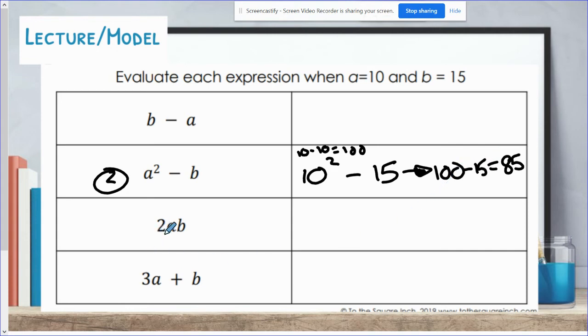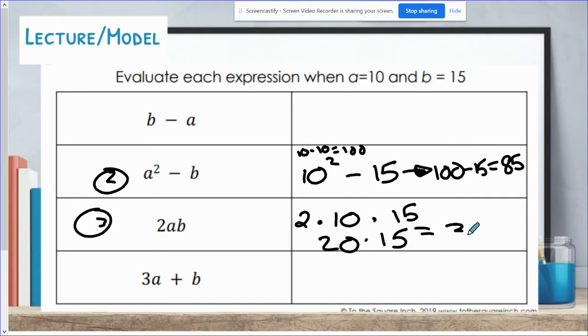All right, now let's skip down to the third one, 2ab. So this is really 2 times a, which is 10, times b, which is 15, because those are all multiplication. If there is no symbol, it's multiplication. 2 times 10 is 20. 20 times 15 would be 300.